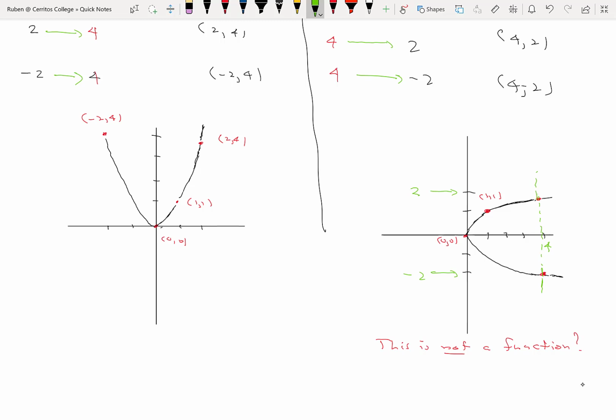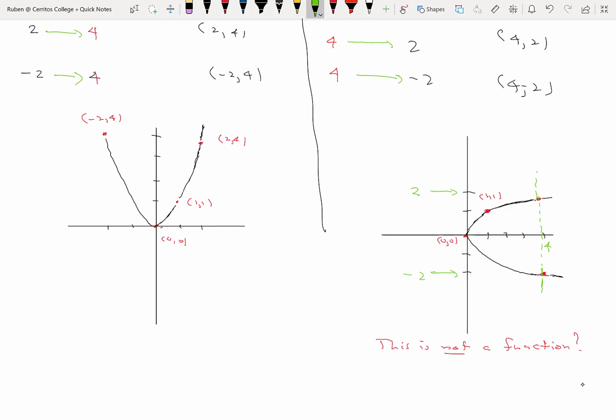And that's not true. The principal square root of 4 is not both 2 and negative 2. There are 2 square roots of 4, but the principal square root, the one that comes from undoing the squaring function, is only 2. And each number has only one principal square root.